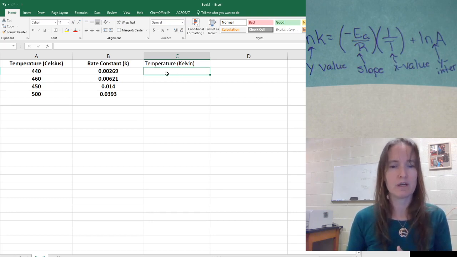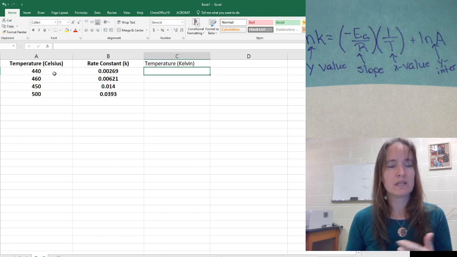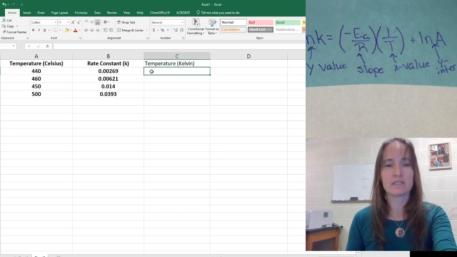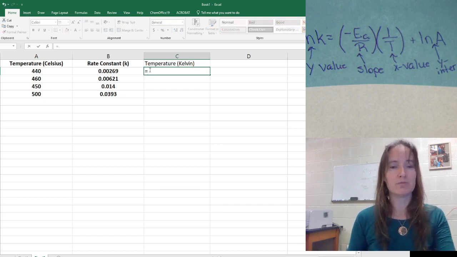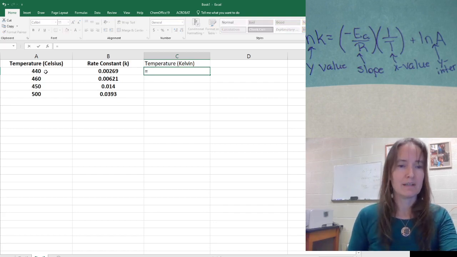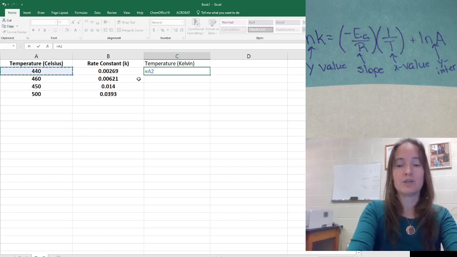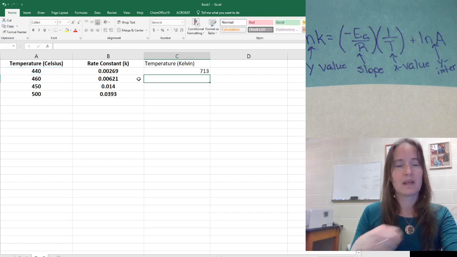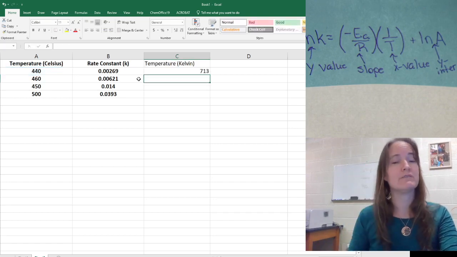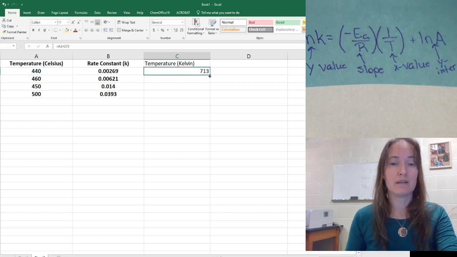So I'm just going to put Kelvin. The Celsius temperature plus 273 will give us the Kelvin temperature. So I'm just going to have Excel do this for me. In this cell, what I want it to equal is my Celsius temperature, which was in this A2 cell, plus 273. And so the temperature in Kelvin is 713.